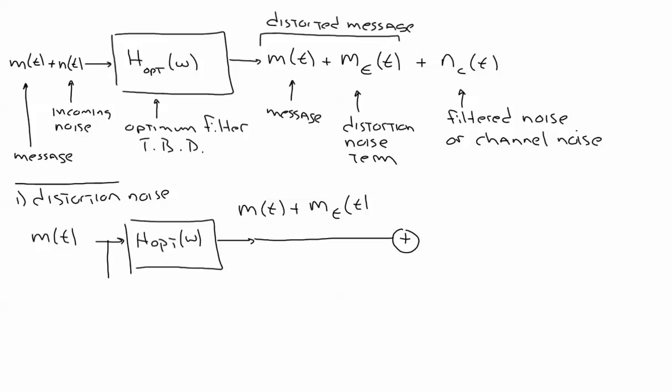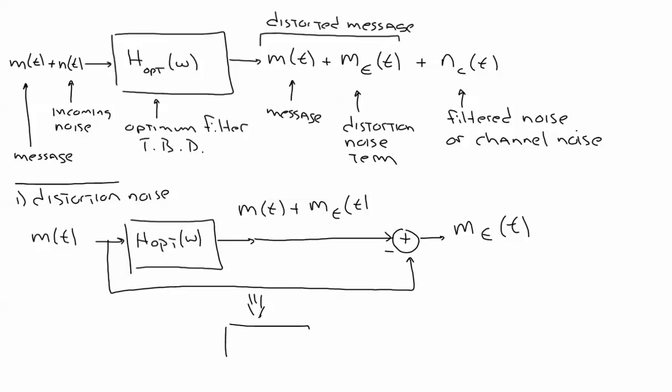And if I also subtract the original message from the message plus distortion, I get the distortion term in isolation. So all of this can be written as H optimum minus 1, some filter, H optimum minus 1.